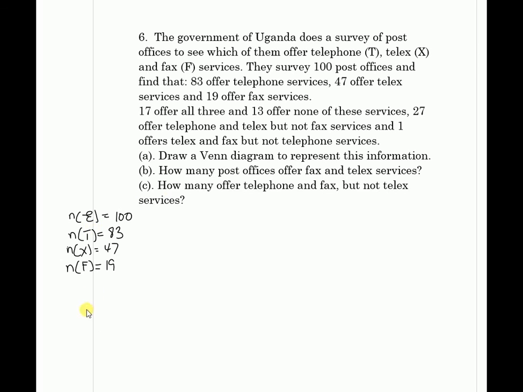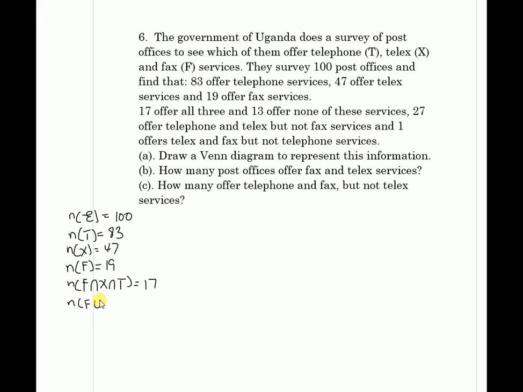They said 13 of all 3, so F intersection X intersection T is equal to 13. They offer all 3, and 13 offer none of these.